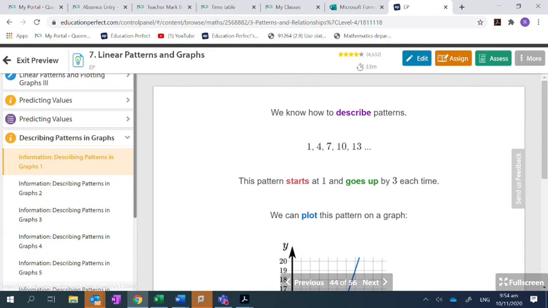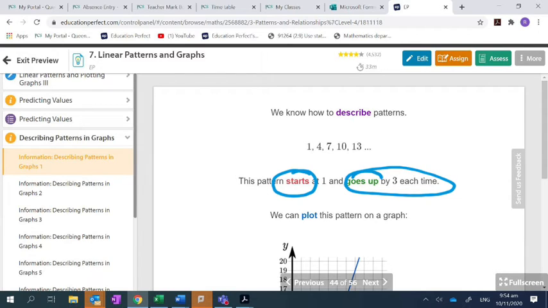Okay? Now, another important skill that we're going to do is we're going to be able to describe a pattern from a graph. Describing a pattern from a graph is a lot like finding the pattern that we did before. So when you're describing a pattern, there are a couple of pieces that you need to have. You must have where it begins, and you must talk about whether it goes up, but does it always go up?